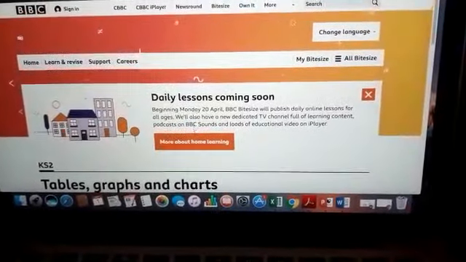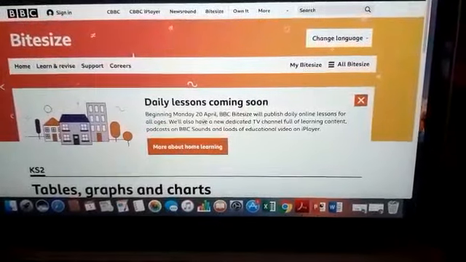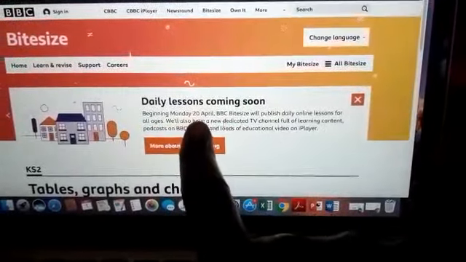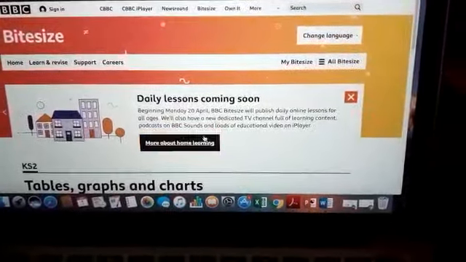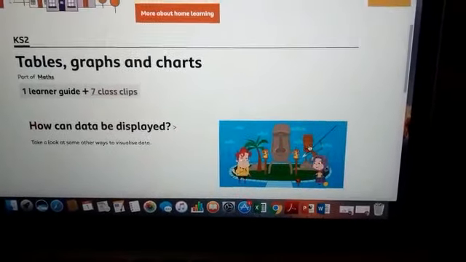And by the way, look where it says at the top. Can you see? Daily lessons coming soon. This is a very, very good website, and it looks like it's starting from April 20th, so keep an eye out for that. You can go on that every day. You have here tables, graphs, and charts, and lots of video clips to help you better understand data.